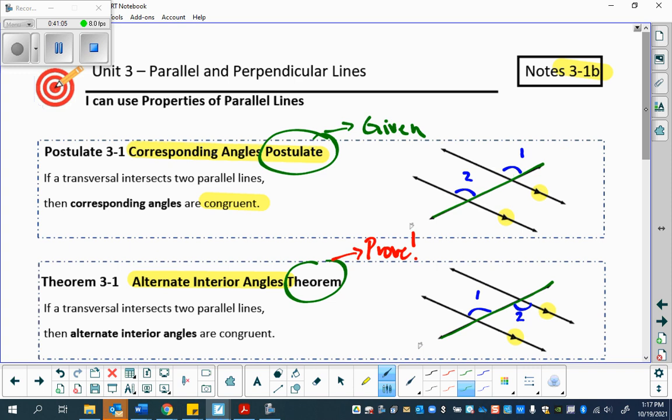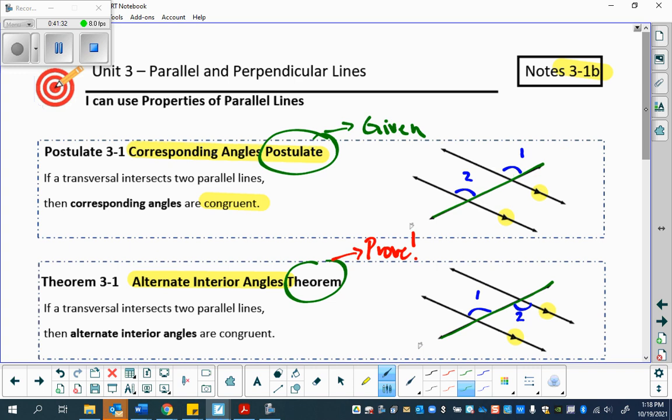If red is congruent to black, and black is congruent to white, what do you know? Transitive property of congruence, right? Red is congruent to black, black is congruent to clear. Transitive property says, okay, so that's how I know alternate exterior angles are congruent.